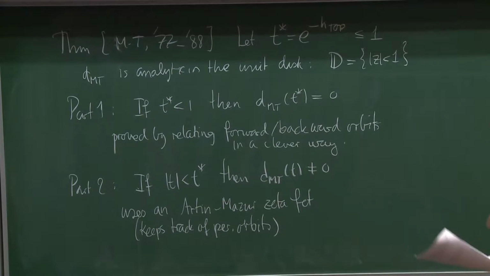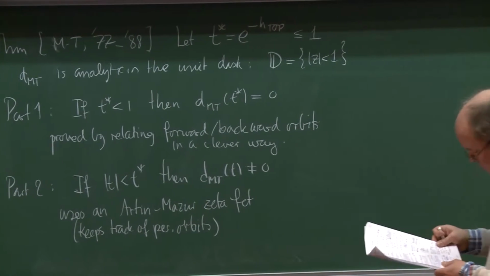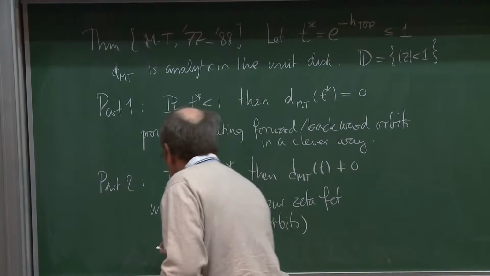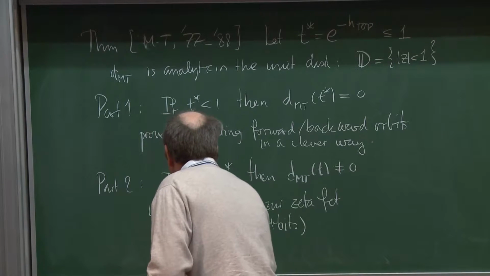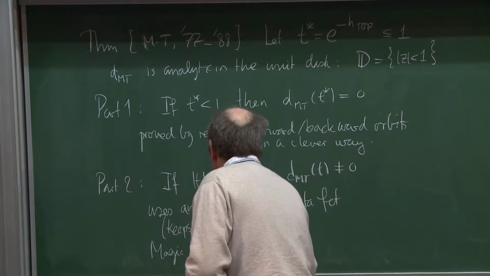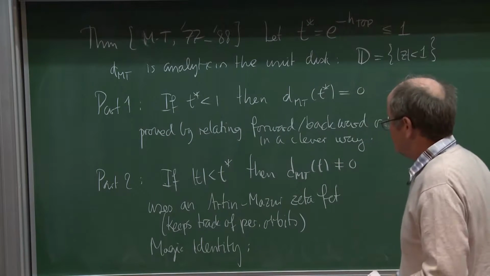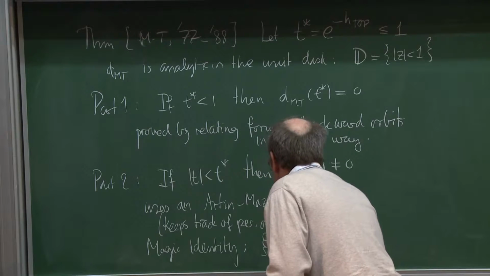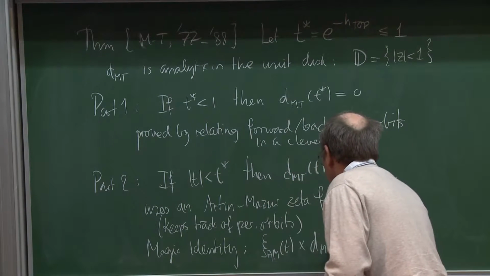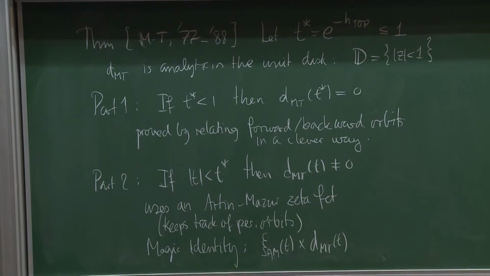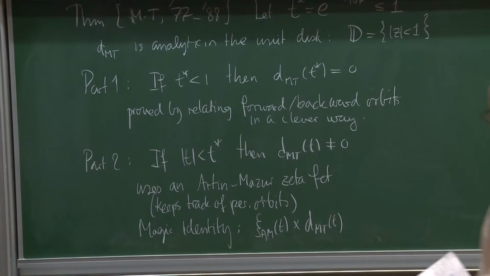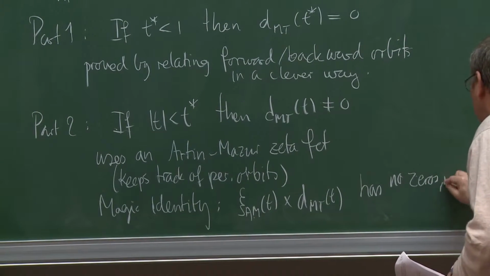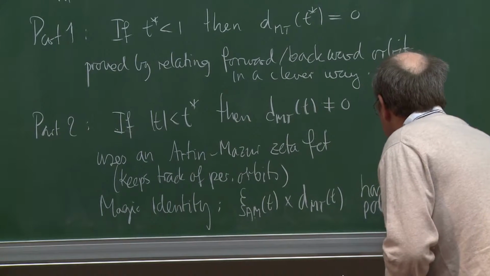But you have to manipulate this in a slightly different way. But then they derive some magic identity, which is that if you take the Artin-Mazur zeta function and multiply by their determinant, then it turns out that this has no zeros, no poles in the unit disk.